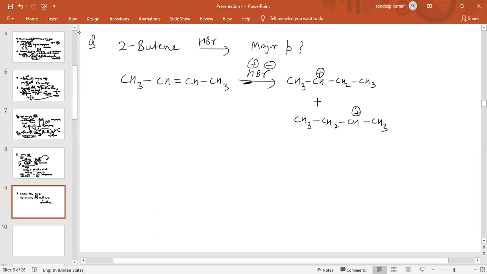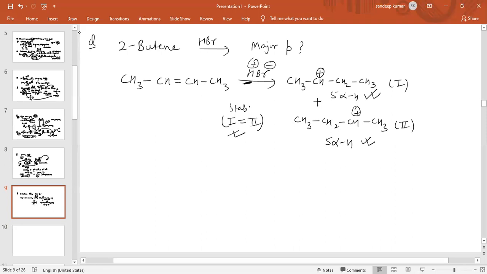As we can see, there are 5 alpha hydrogens here, and there are also 5 alpha hydrogens here. It means these two carbocations are the same. If this is first and this is second, first and second are the same, therefore stability is also the same.